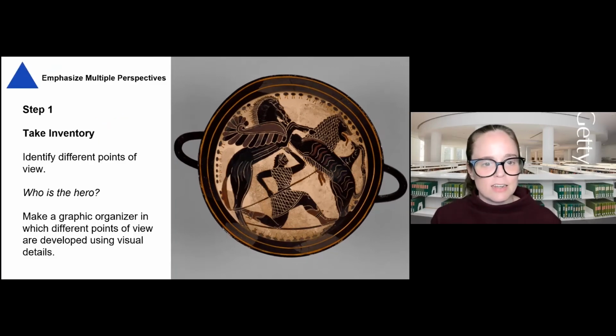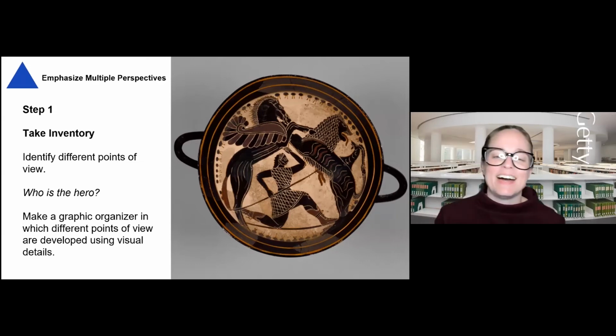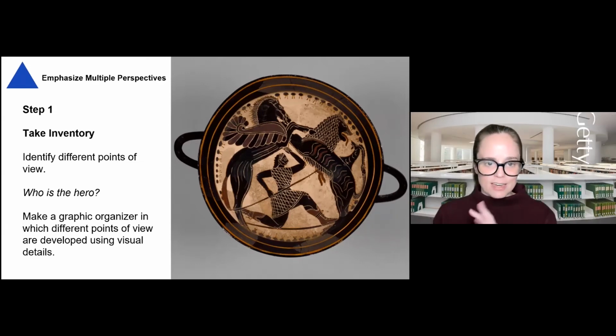And for step 1, what you would do is, as a group, you would take inventory of all of the viewpoints that you could find. And we're going to answer this question, "Who is the hero?" And "Why do you think that?" And that's going to drive this activity.